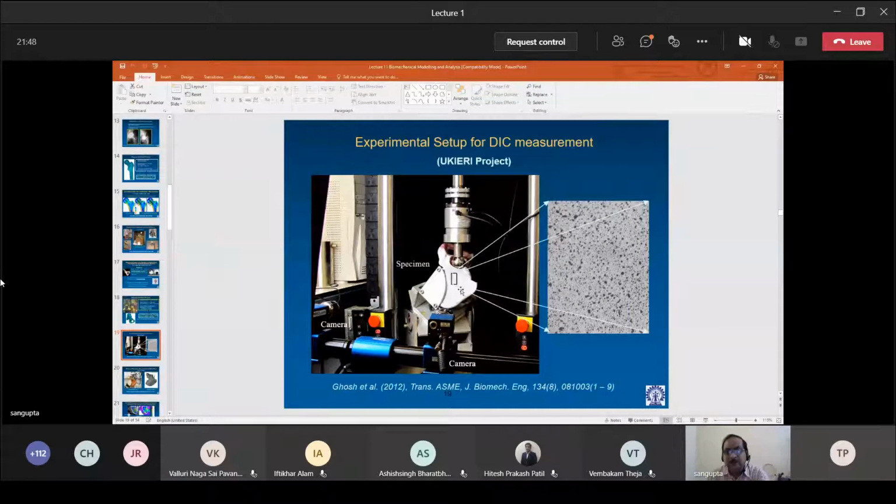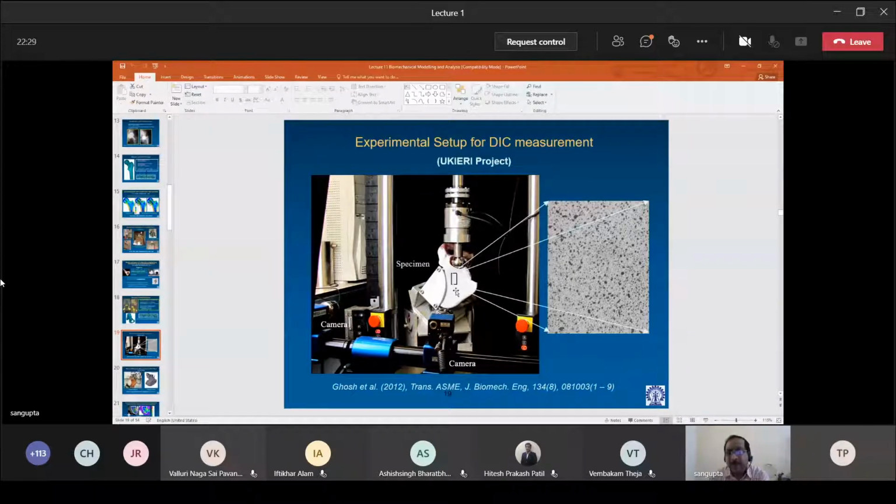Now, digital image correlation is a full field technique. What it does is, on a surface, it applies white paint. On the white paint, a randomized speckle pattern with black speckles is sprayed. This is a non-invasive, camera-based technique. For 3D measurement, we use 2 cameras, as you can see here.